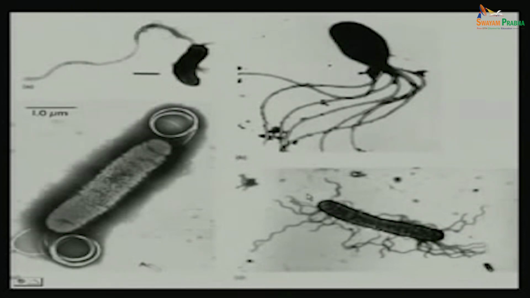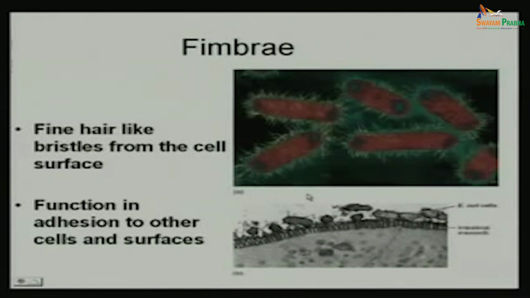So, what is the main function of this flagella? It mainly helps in locomotion of the bacterial cell. Next to the flagella is the fimbriae. Fimbriae is a hair-like structure present uniformly on the outer wall of the bacterial cell, and its main function is adhesion to other cells.